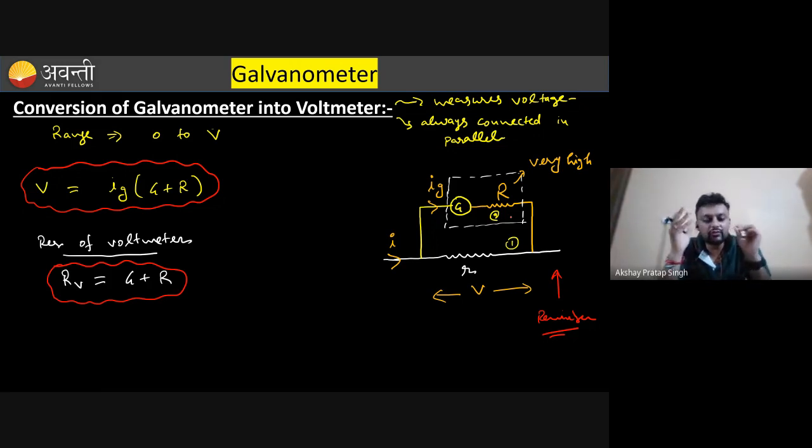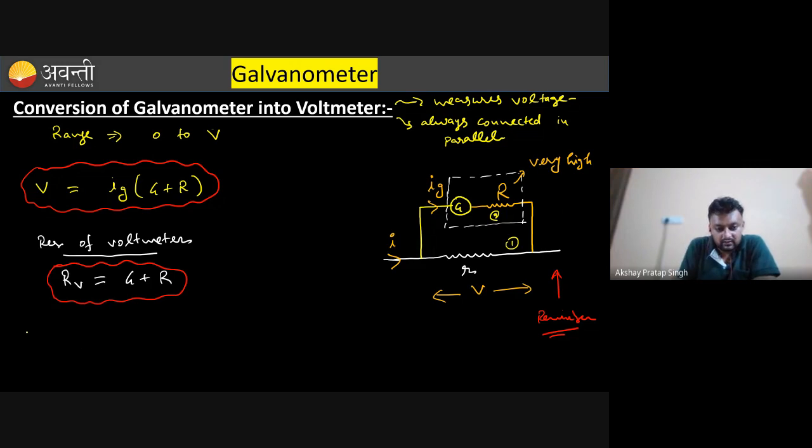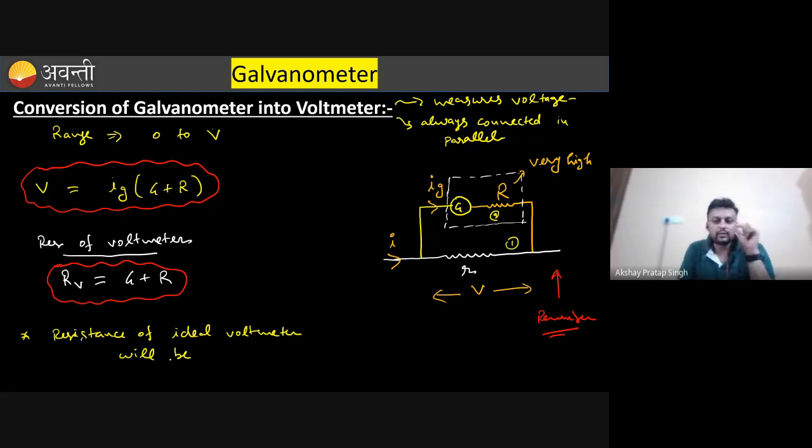Then what will be the resistance of ideal voltmeter? Can anyone answer here? What will be the resistance of ideal voltmeter? If normal voltmeter has very high resistance, then ideal voltmeter will have infinite resistance.